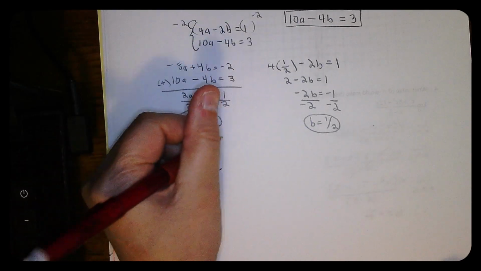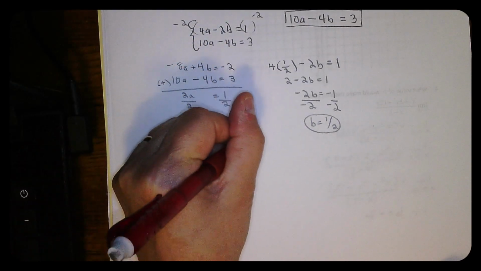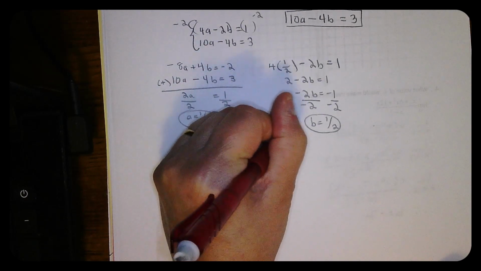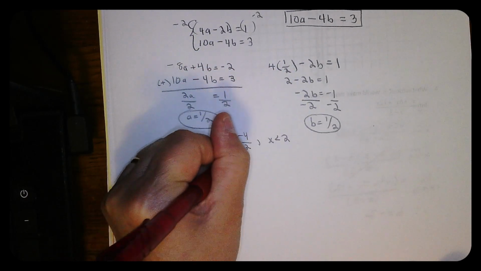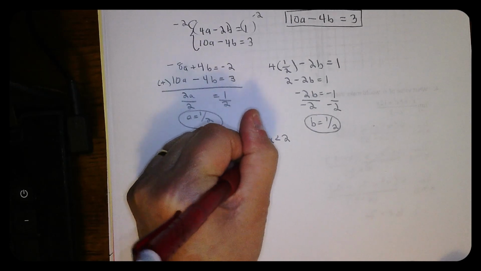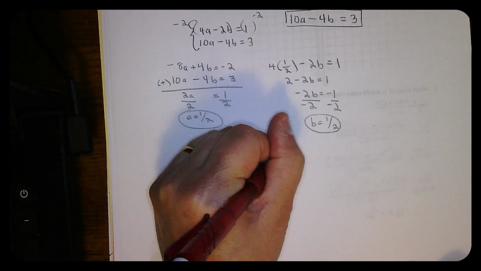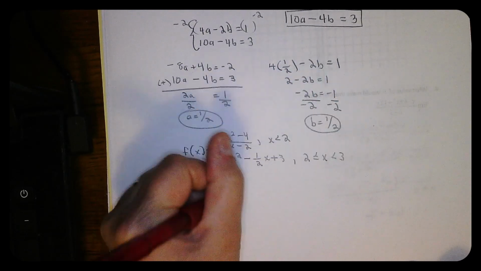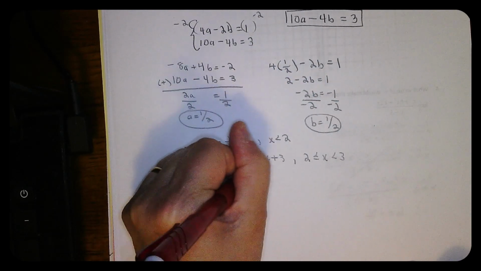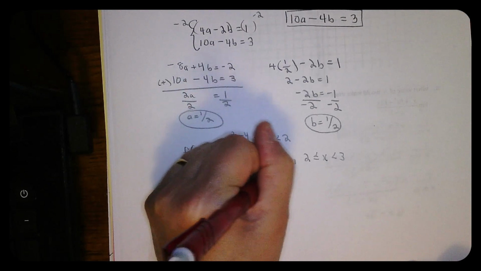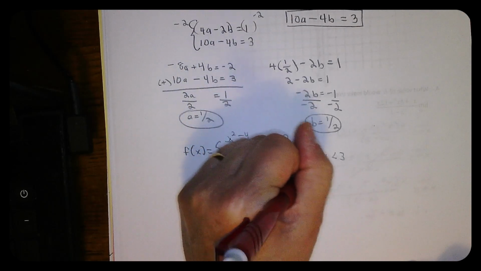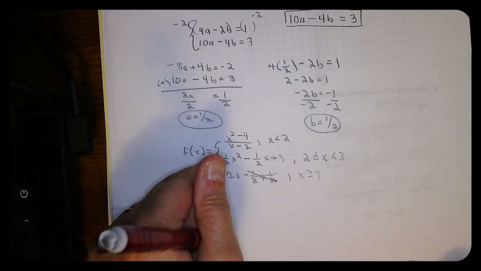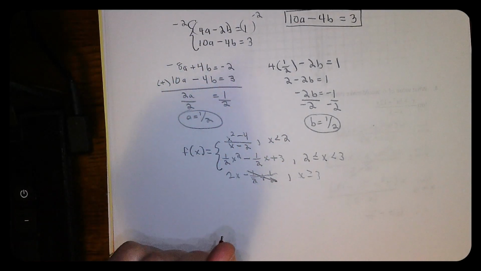So x squared minus 4 over x minus 2 when x is less than 2, and 1/2 x squared minus 1/2 x plus 3 when x is between 2 and 3, and 2x minus 1/2 plus 1/2, which ends up just being 2x. See if that function is continuous everywhere.